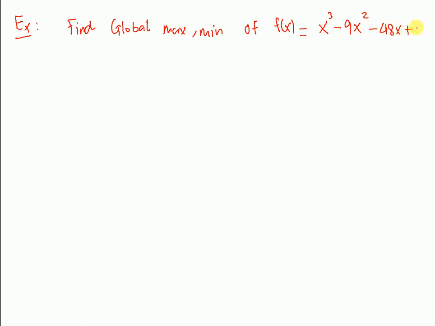So the first example. Find the global max and min of this function. f of x equals x to the third power minus 9x squared minus 48x plus 52 on the interval from minus 5 to 14.